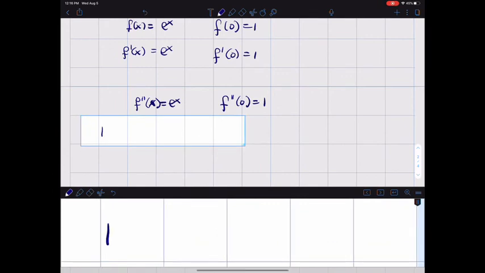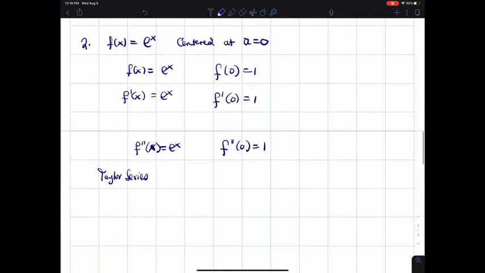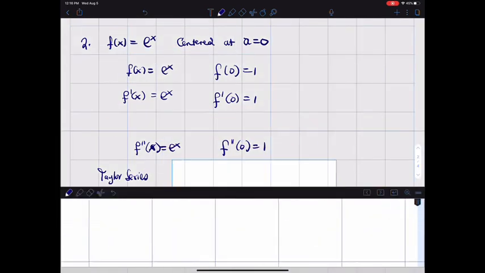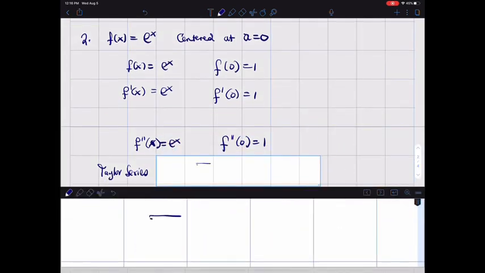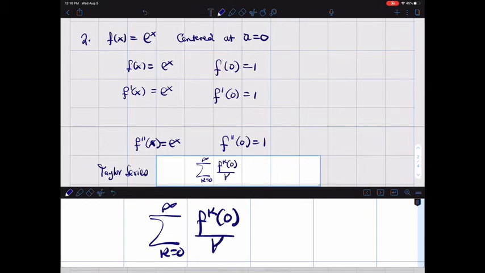So remember our Taylor series, our Maclaurin series in this case, is going to be, I'm going to write it in summation form. It's going to be k from 0 to infinity of the kth derivative of f at 0 over k factorial times x minus 0 to the power of k, right? Because 0 is the center.